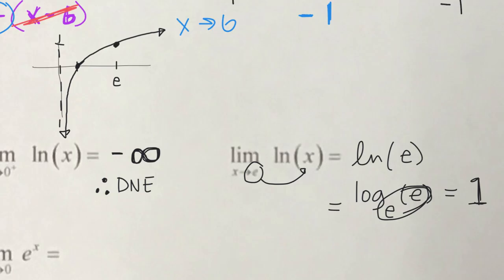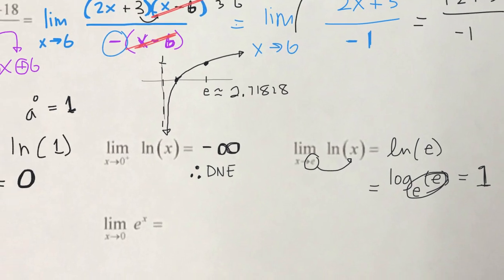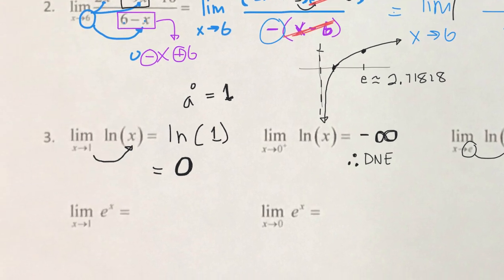Okay? e is 2.71828, right? That's the approximate number for e. This is a number like pi, one of those existential numbers. So the natural log of e is 1, just like the natural log of 1 is 0. Okay, it's one of those properties of logs.